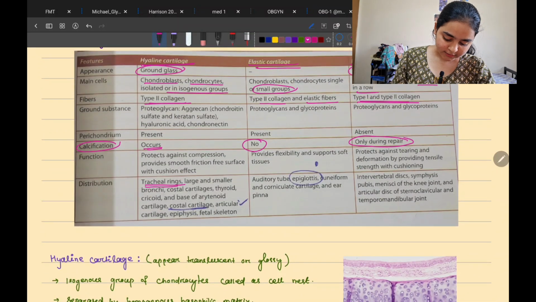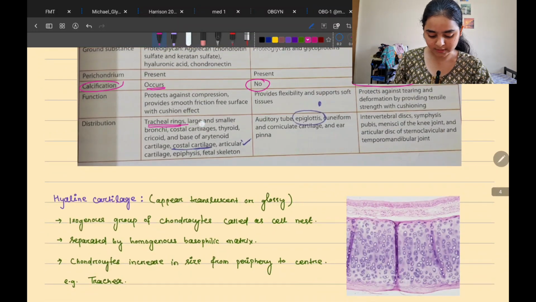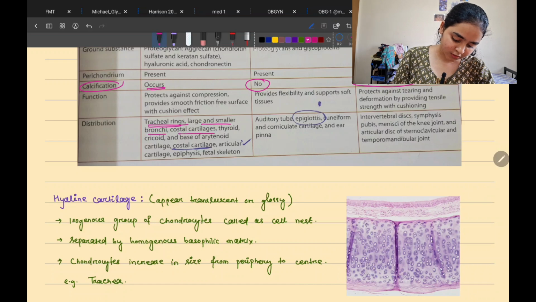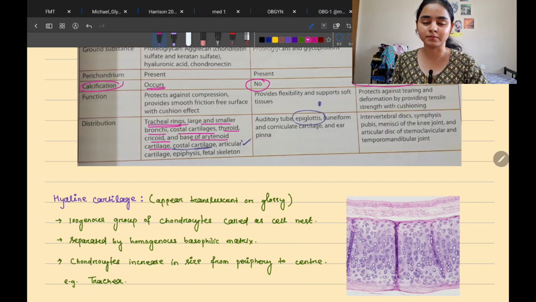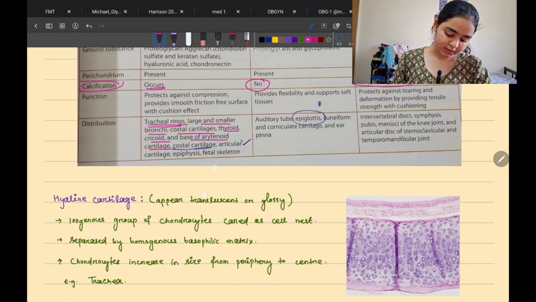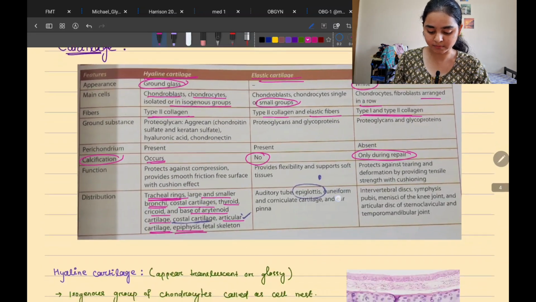So the hyaline cartilage is found most importantly in the trachea, large and smaller bronchi, costal cartilages, thyroid and cricoid cartilage, and the base of arytenoid cartilage. You do not have to remember every example I am telling you. The important things are here: the trachea and the bronchi, and also the epiphysis or articular cartilage. These are the important examples.